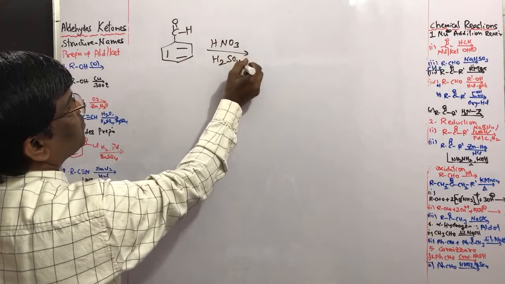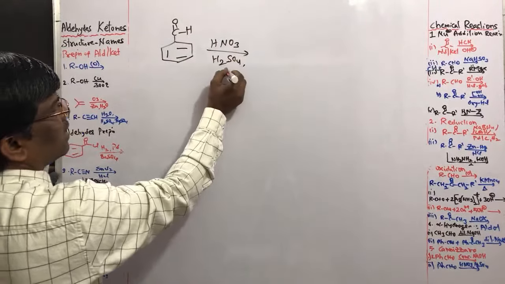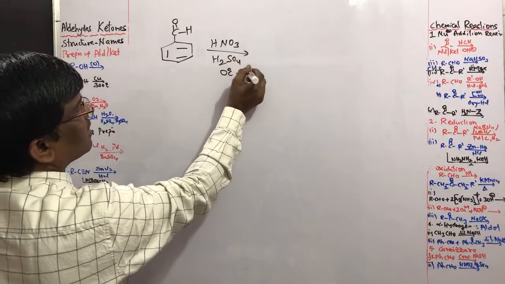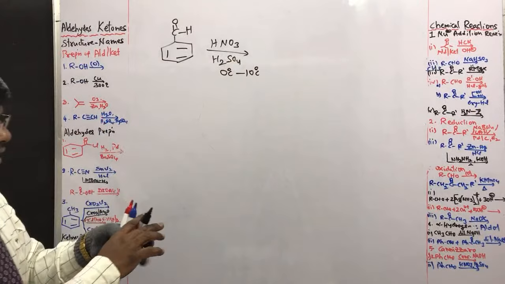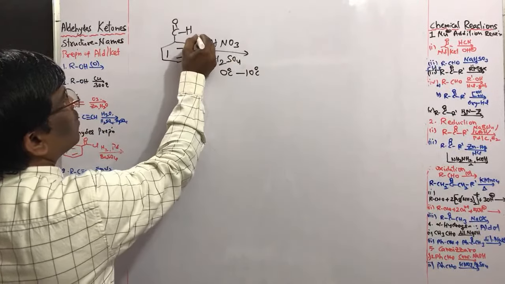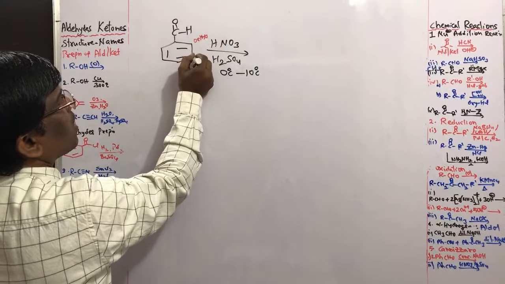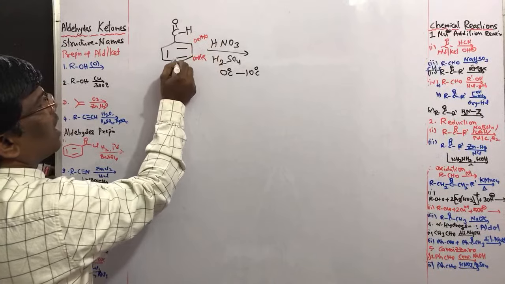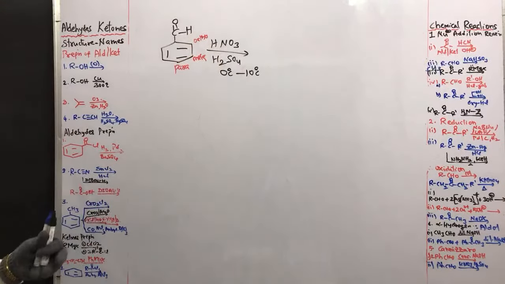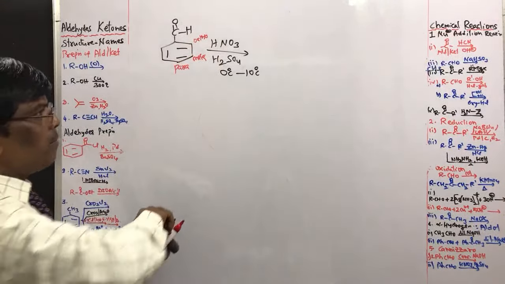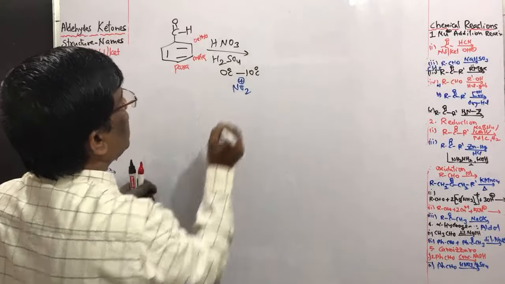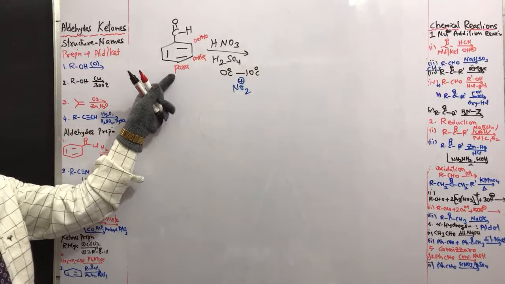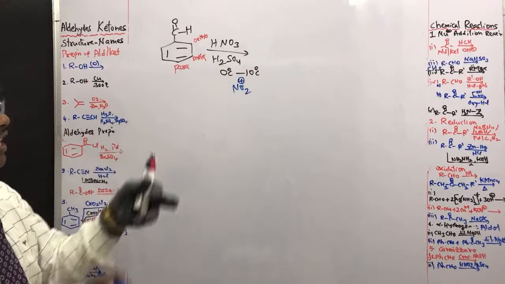Nitric acid and sulfuric acid, and usually it is done at 0 to 10 degrees centigrade. It is enough, right? So these are the positions: ortho, meta, and para. The incoming electrophile is nitro, NO2 plus, and electrophilic substitution takes place on the benzene ring.